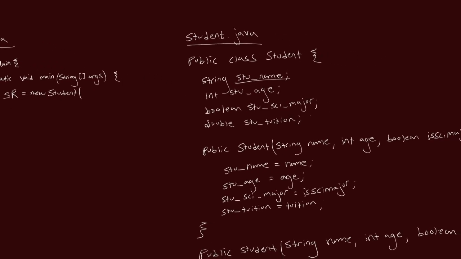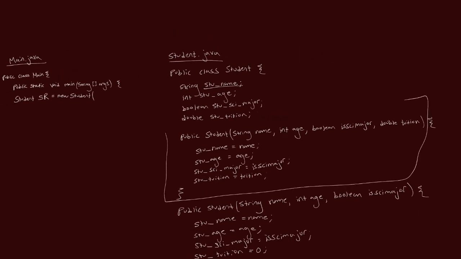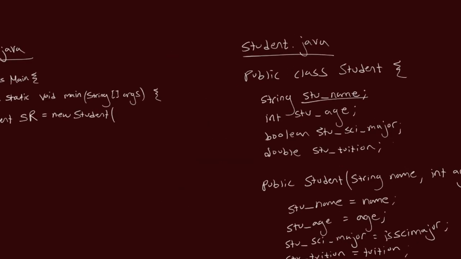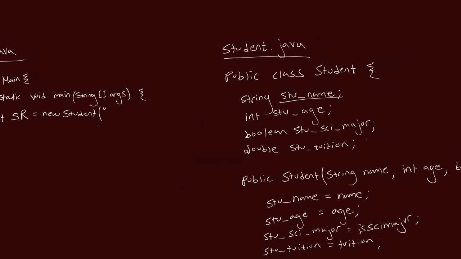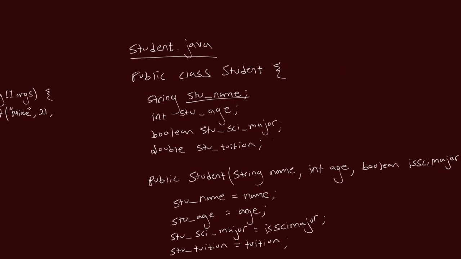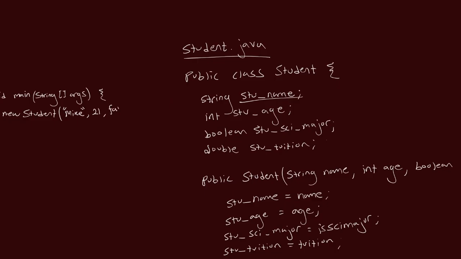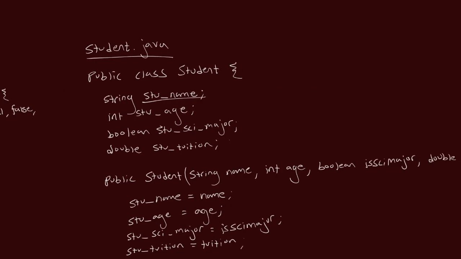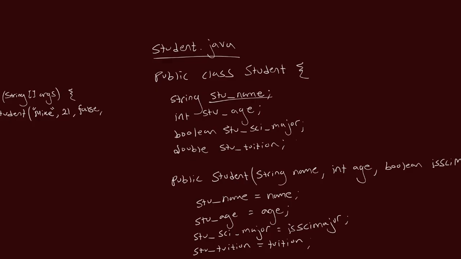So obviously he doesn't have a scholarship, so we're going to be calling this constructor. Let's pass in a name. Let's call this Mike. His age will be 21. He is not a science major, so we'll put false here. And he has a tuition of $2,350. Okay.